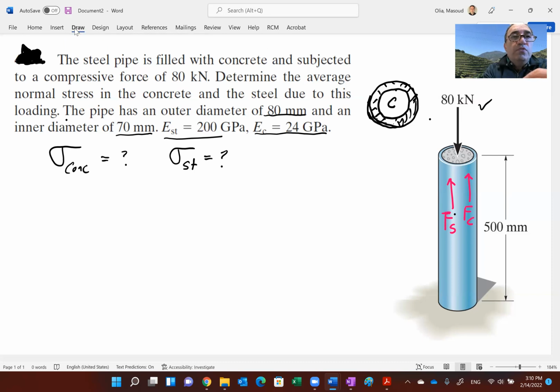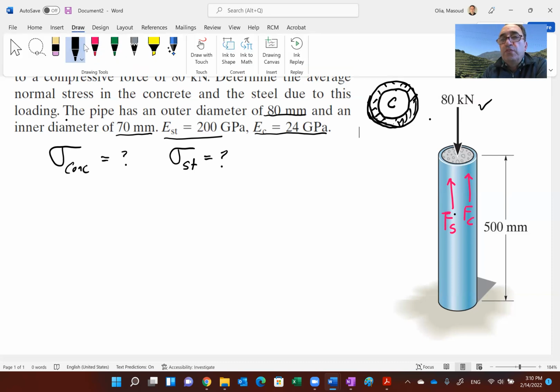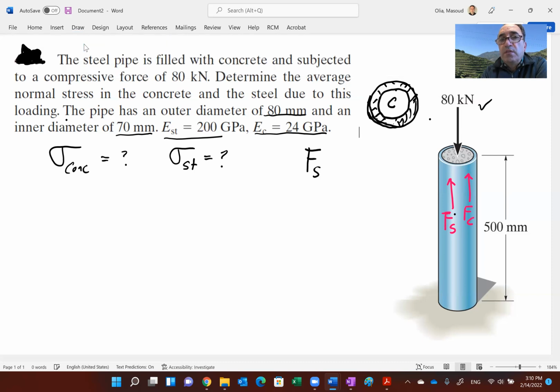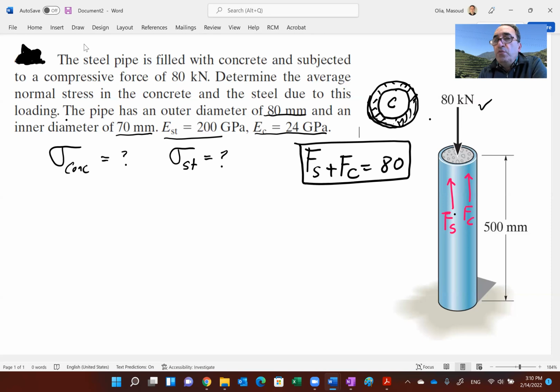So one obvious equation is balancing the forces in the direction of the load. So F sub S plus F sub C must be equal to 80 kilonewtons. So there is one equation, right? But there are two unknowns. So the question is, where do you get the additional equation?